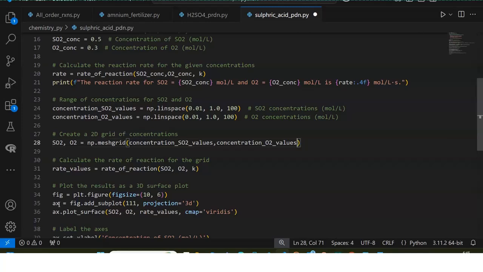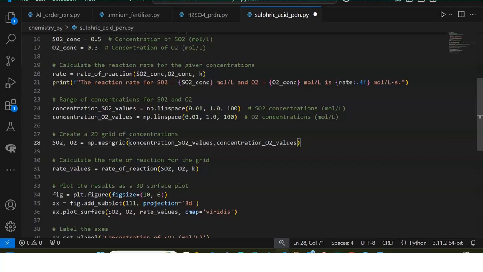Then the axes: this one specifies the subplot layout. The first number represents the number of rows in the subplot grid, the next represents the number of columns, and the last indicates that this is the first subplot in the grid.